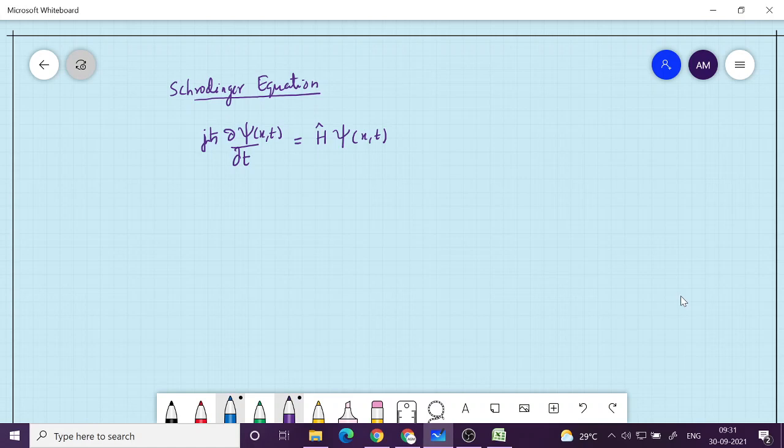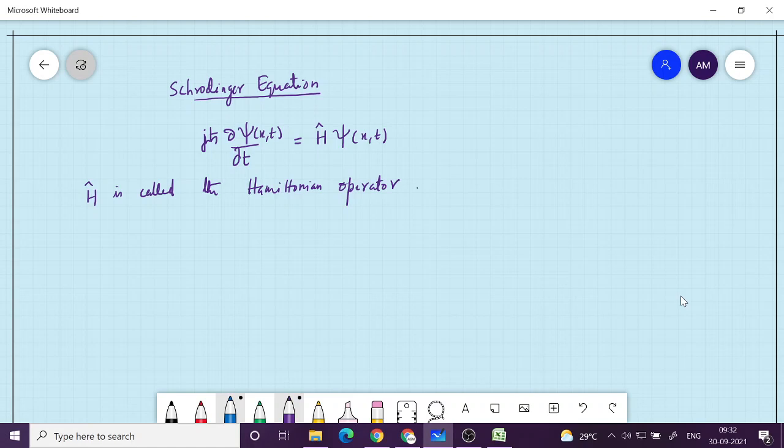Now, depending upon the problem, you have to substitute for H. So H is basically the operator version of Hamiltonian. So H is called the Hamiltonian operator. Okay.